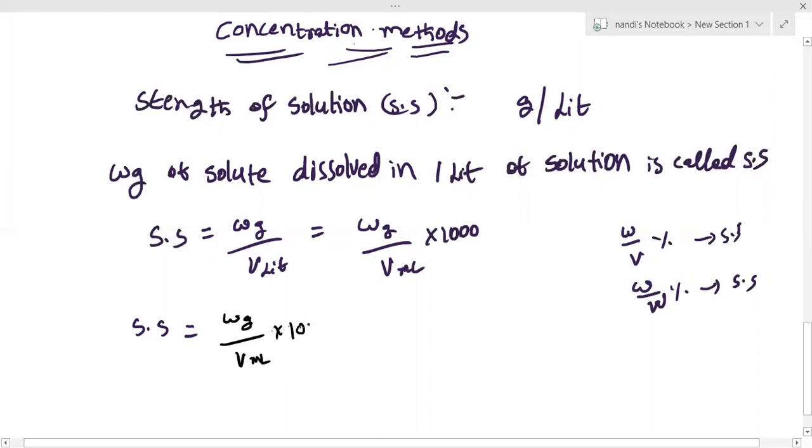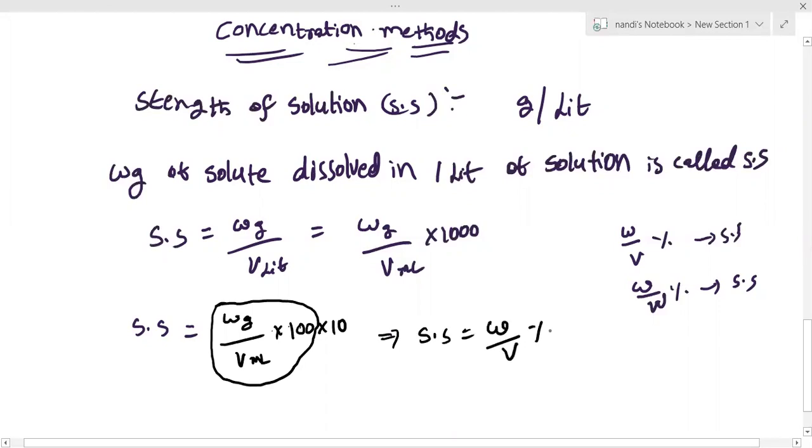I can write 1000 as 100 into 10. W grams by V ml of solution into 100 we call W by V percent. So you can write strength of solution equals W by V percent into 10. This is strength of solution in terms of W by V percent.